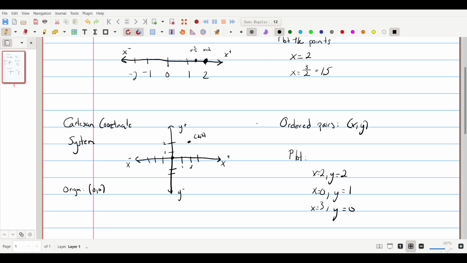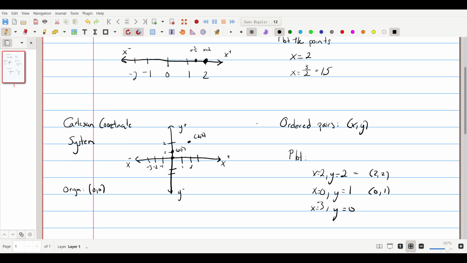So here, this is the point x equals 0 and y equals 1. And so the ordered pairs here, you can write these as 2, 2 and 0, 1. And likewise, right? So both of these things mean the same thing.